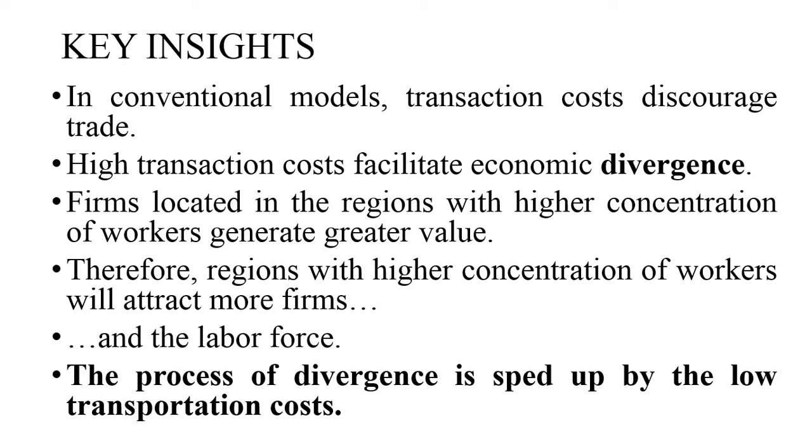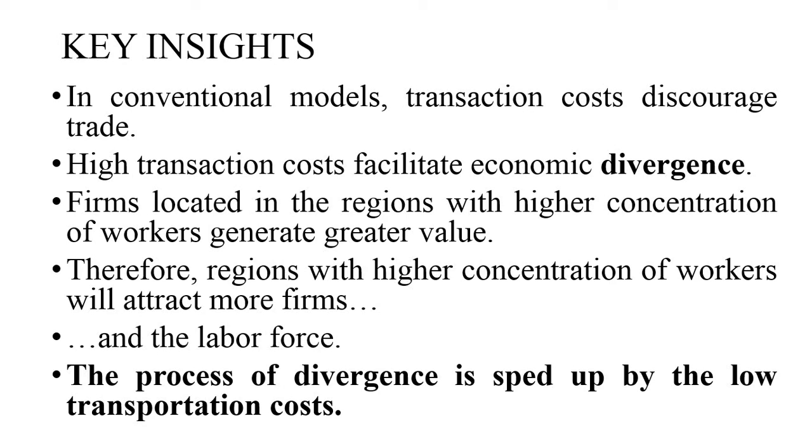Probably divergence will not be the most appropriate way because usually you analyze it in terms of income divergence. So let's put it in a different way. High transaction costs imply a disadvantage for the labor force located in the bigger regions, and that's why labor force is expected to move from big to small regions under high transaction costs, and vice versa.